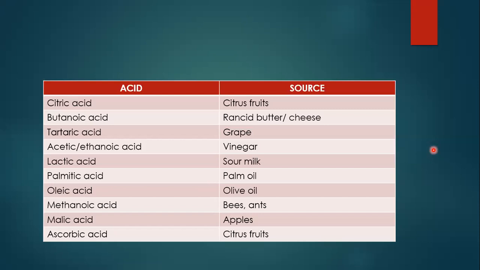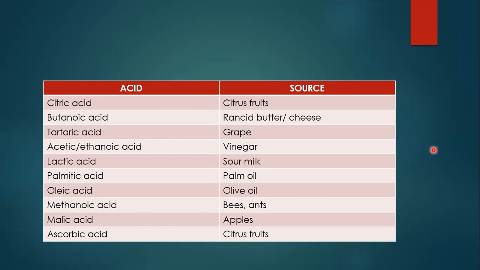Number three, tartaric acid. These are the acids that are found in grapes. So the acid found in grapes is tartaric acid. Four, acetic or ethanoic acid.